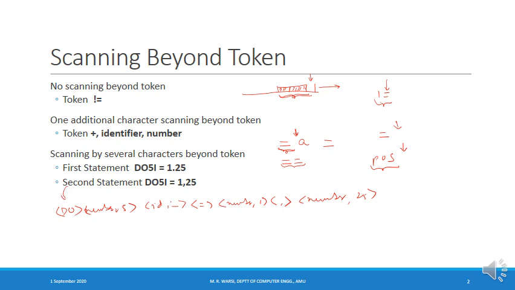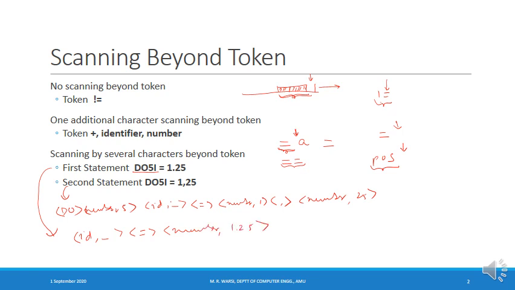Now let's look at the tokens which are there in the first statement. The first token is an identifier, and this corresponds to the variable DO5I, right? And the value of this is the location in the symbol table where information about this is there. After this there is the assignment operator, and then the next one is the number token, and the value of this is 1.25.